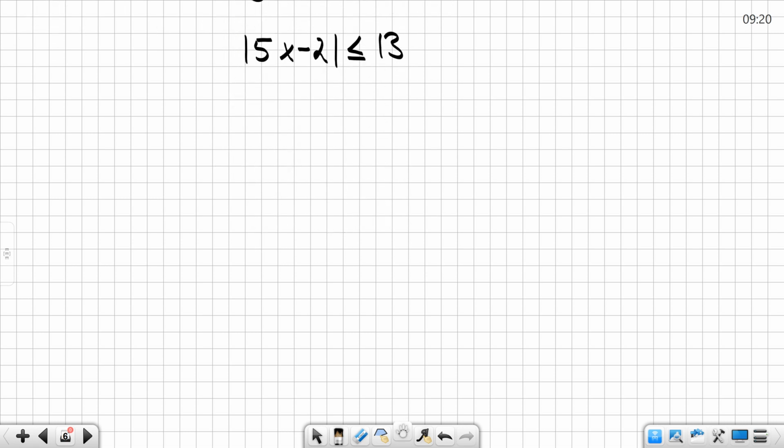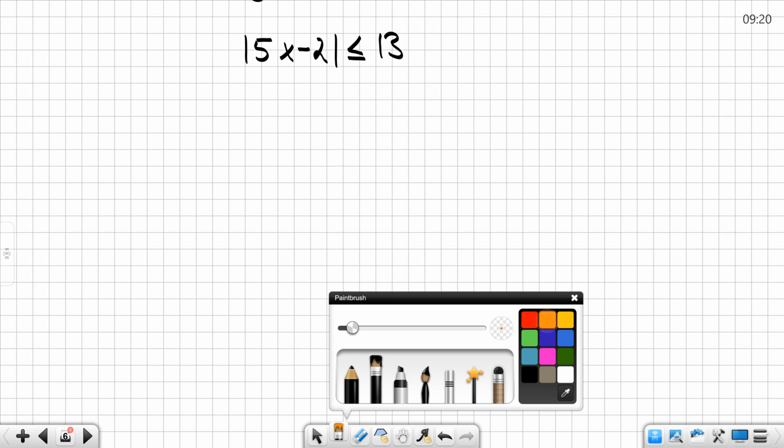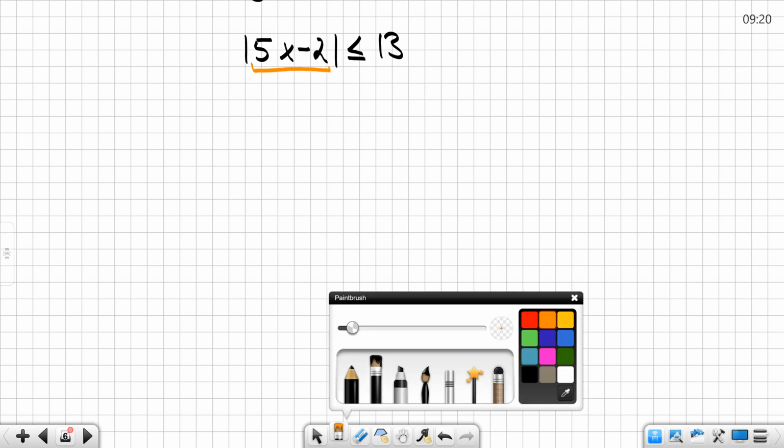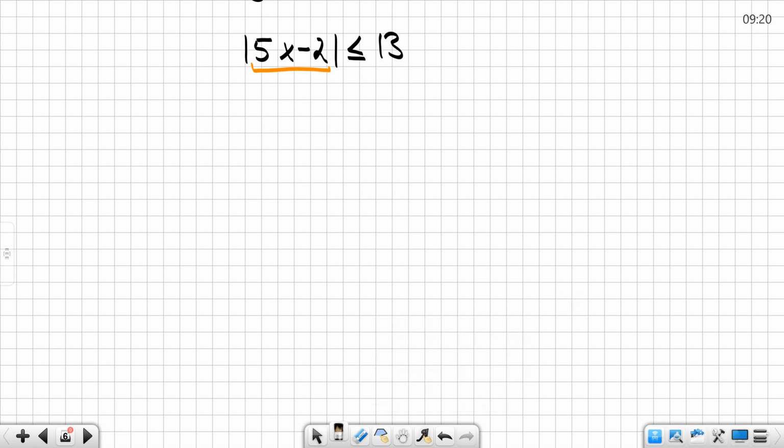And now I am at the same place where I was with the last example. That means now I can do the same thing. This inside expression, the 5x minus 2, I'm writing this down: it has to be greater than or equal to negative 13 and smaller than or equal to positive 13.